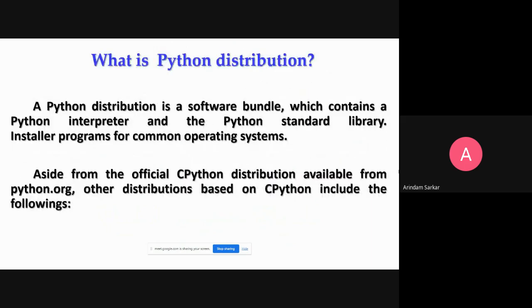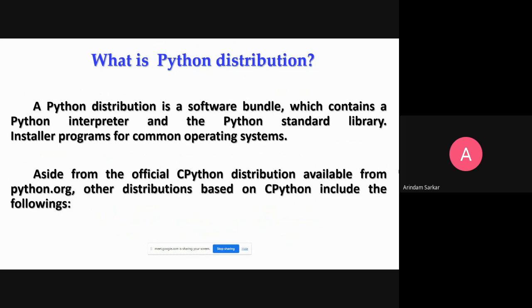And now, what is a Python distribution? We are now moving to the section where we need to see some Python code. Before that, the question comes: where will you write the code and what Python distributions are available?